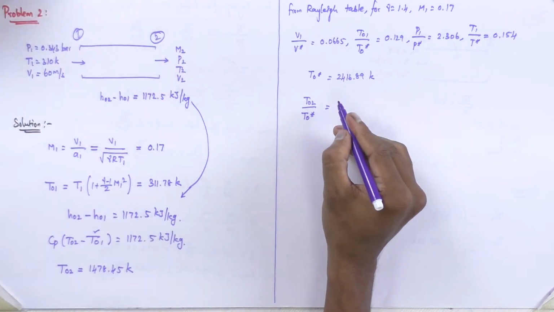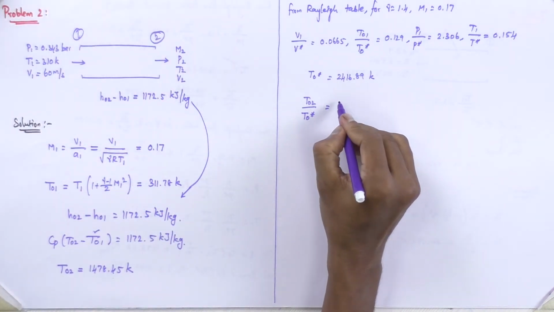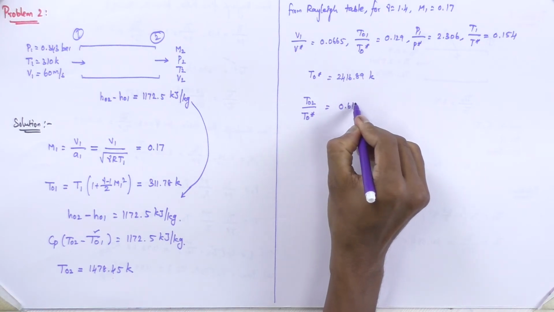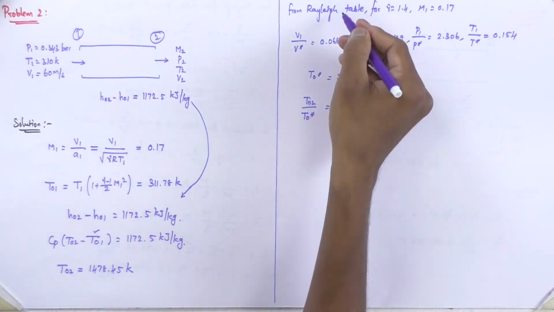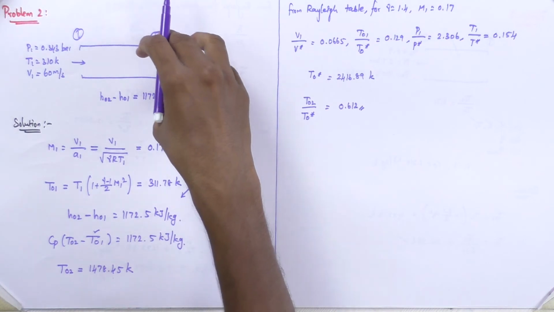So after that we can calculate T02 divided by T0 star value to relate sonic condition and exit properties. So this is equal to 0.612. So again we have to refer Rayleigh table to get region 2 properties.